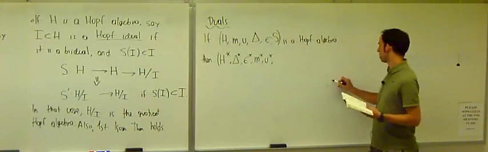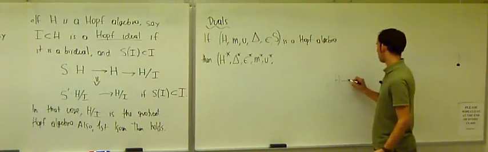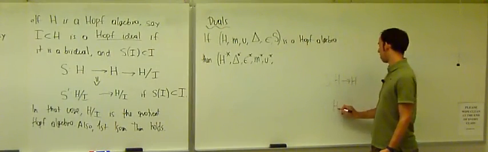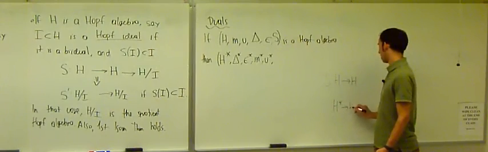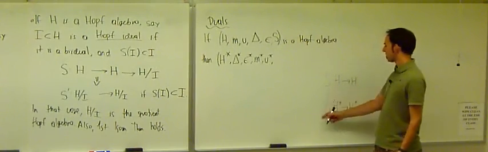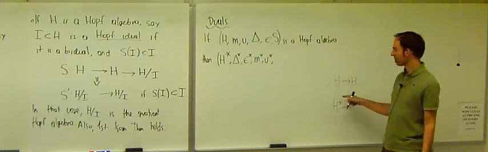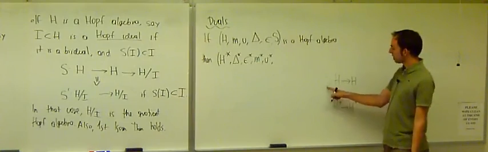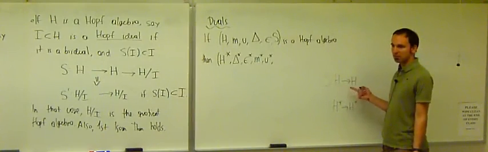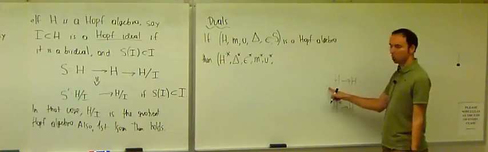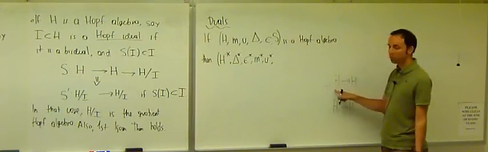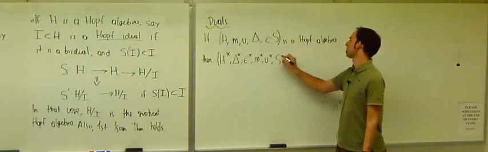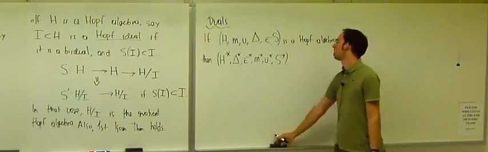So the antipode goes from H to H, and we need some map from H star to H star. So we can't use the same thing because these are different worlds, H and H star. But given a map from H to H, there's a natural map, which is the dual map of this one, which goes from this star to this star. Okay? And so that's what we need to put here.